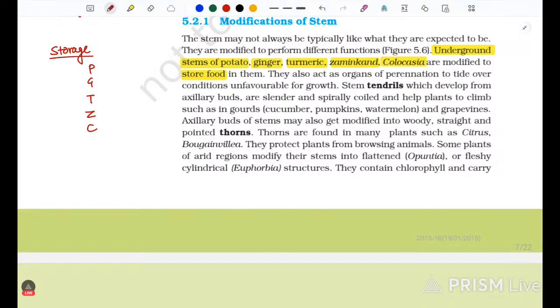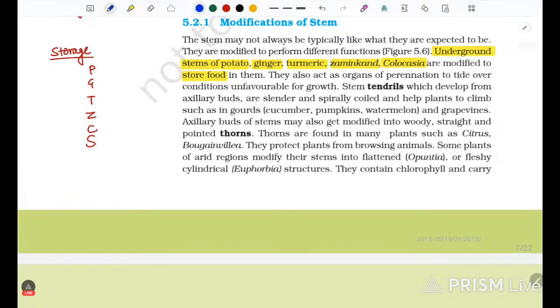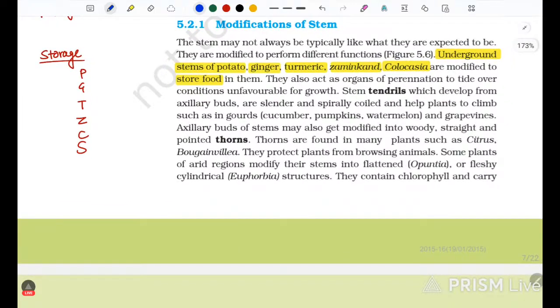Please see if a mnemonic can be there from the storage. Because we are discussing about storage of food, remember some food items.